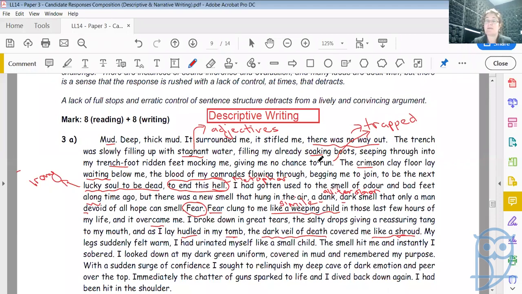Okay, so probably from the way you can see that I get so excited about this writing so far is that any marker would probably have the same reaction. And so we know that this student has a good control of language. The fact that they can produce something like this in a time limit is quite amazing. Using this kind of language, they are well read, they've got good vocabulary, they know how to create images, they've looked at metaphors, they've looked at similes, they're probably used to using them in their assignments.